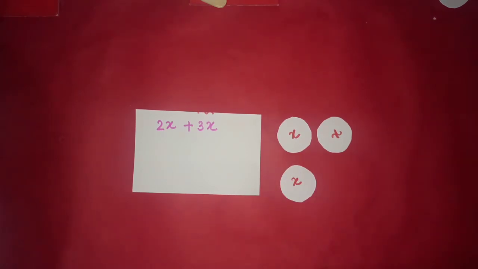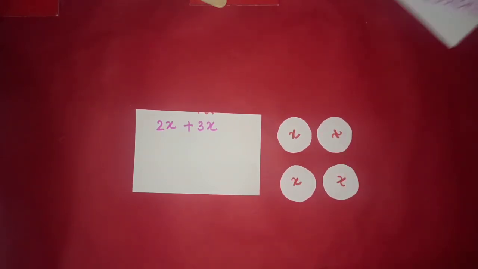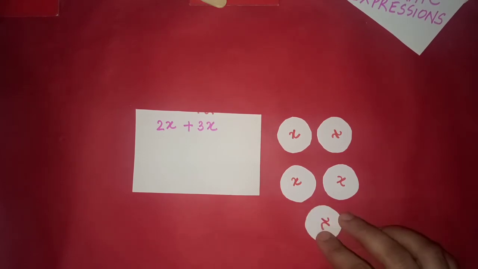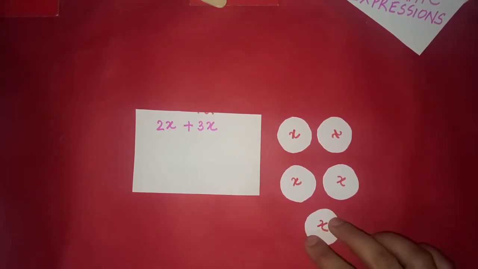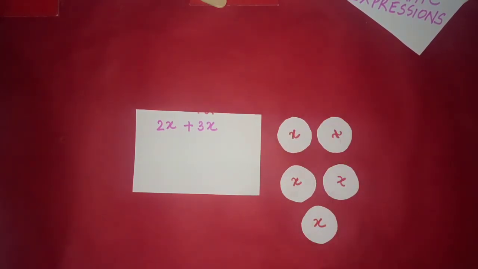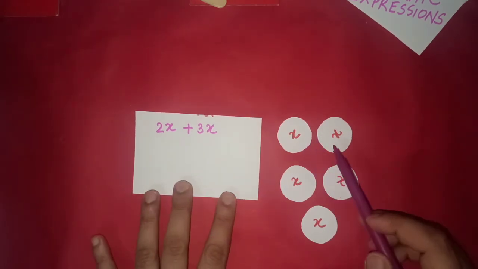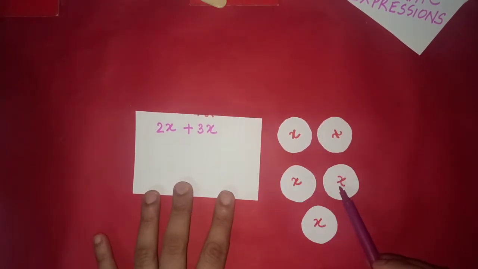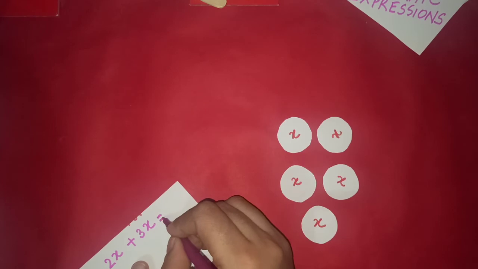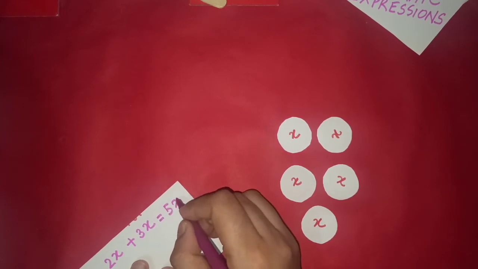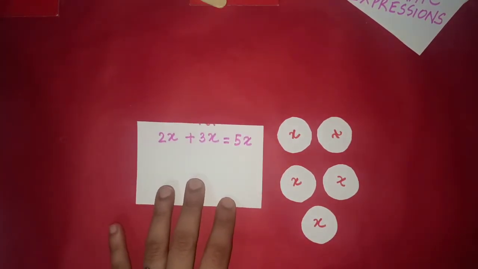I need 3 x's to represent 3x. So I can see all of them are of the same kind. So I can combine them to write as 1x, 2x, 3x, 4x and 5x. So I can combine them to write as a single term, which is 5x.